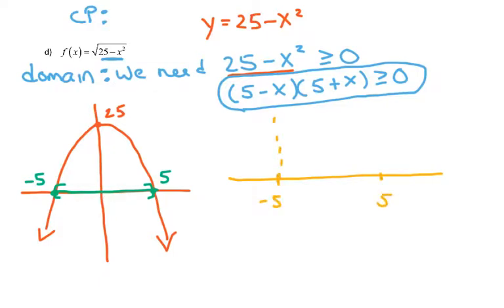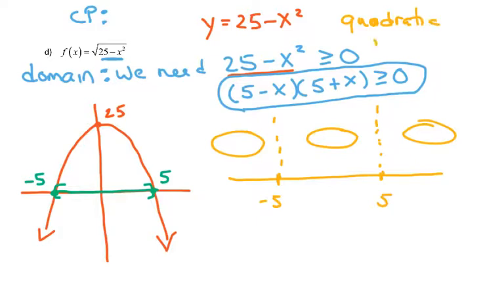You don't really get to spend enough time on this in pre-cal, but this is how we solve a quadratic inequality using critical points and test intervals. So I need to test the sign of this expression in each of these intervals. So test -6, test 0, and test +6. Again, you're just looking for the sign.